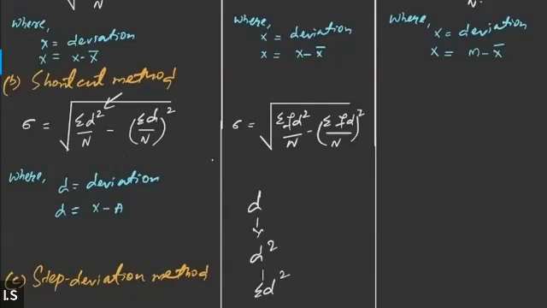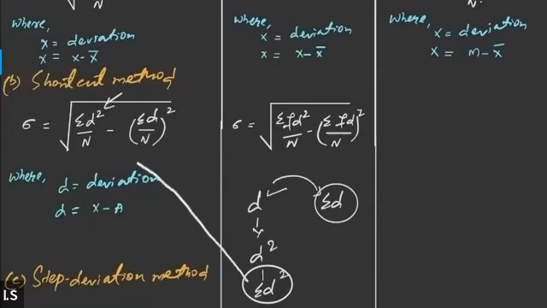Got it? But here, what does this mean? Sigma d means we will calculate d and then total all the d's to determine the value of sigma d. So this is different from this. Here we put the value of sigma d square, but here we put this value, and then after dividing it by n, we square the entire value. Is it clear to you now? Yes, sir. Now it's clear.